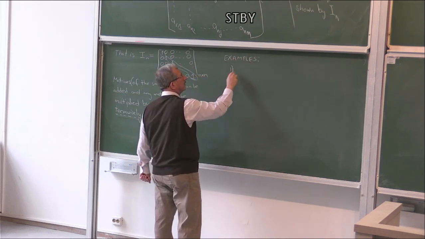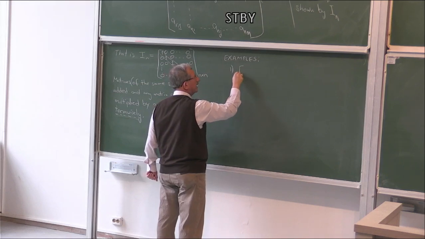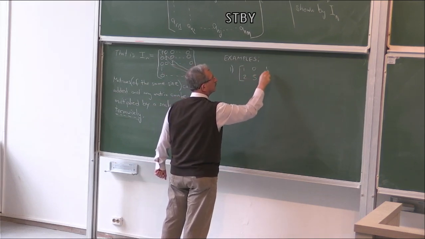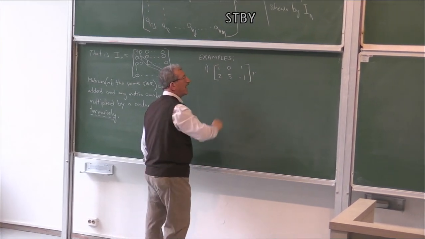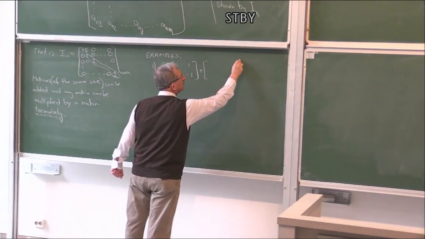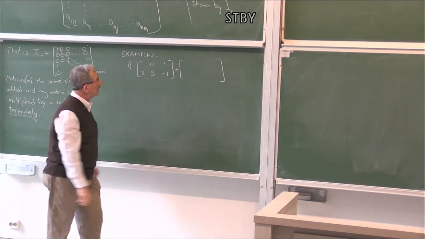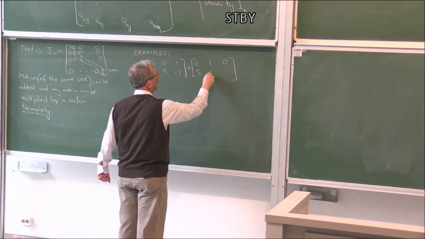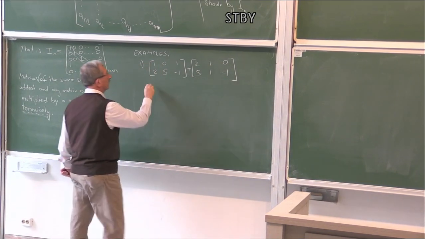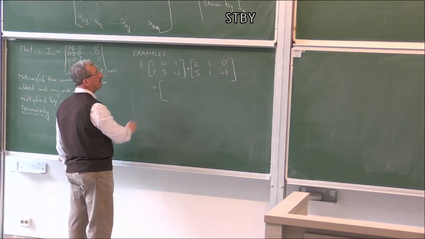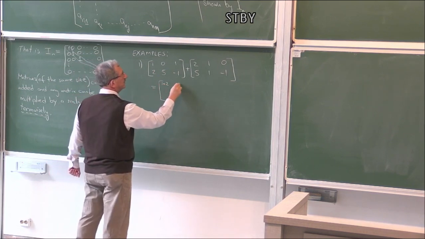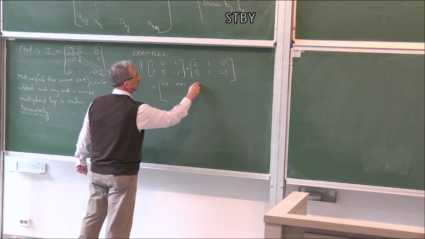For example, I have a matrix A, say 1, 0, 1, 2, 5, minus 1, and I want to add it to another matrix, but it must be of the same size, say 2, 1, 0, and 5, 1, minus 1. I can add them term by term, so 1 plus 2 here, 0 plus 1 here, and so on.